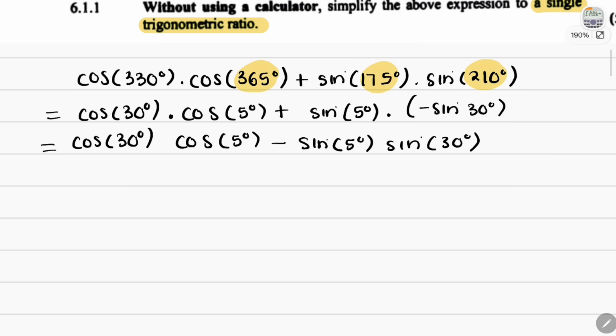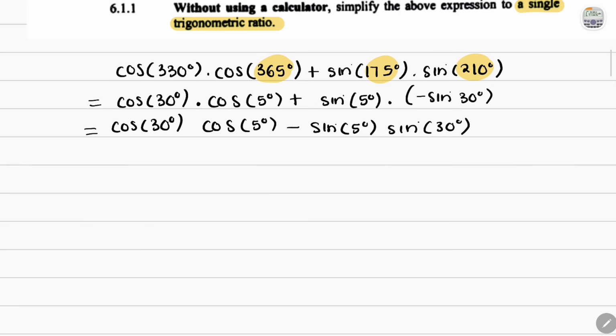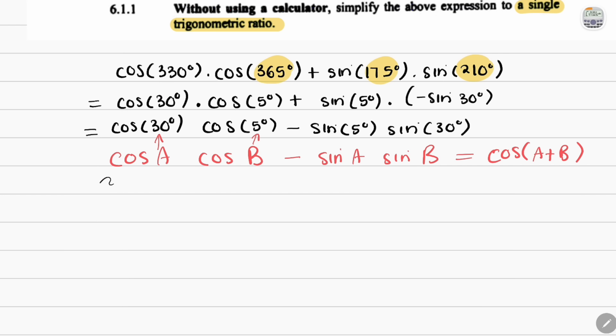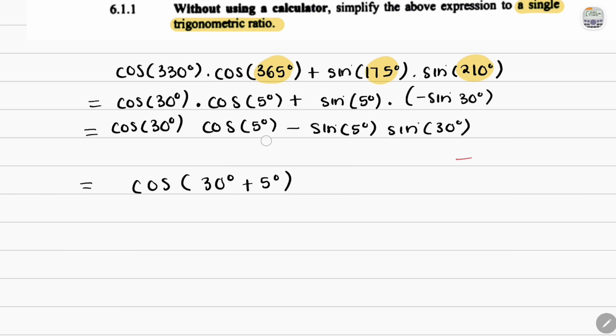And now finally we can simplify this. You can see that they have clearly used this rule, cos A cos B, so that's now your A, that's your B, then minus sine A sine B. In this same way, the way this simplifies to cos A, and the sign changes to plus B, all of that would change to cos, where A is 30 degrees, and then plus 5 degrees, the B. So that's actually what it simplifies to.